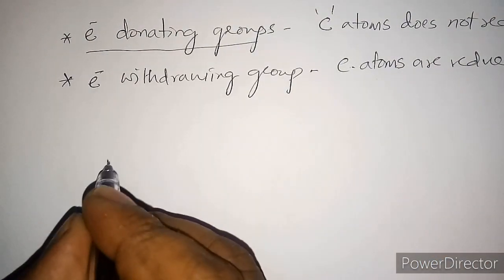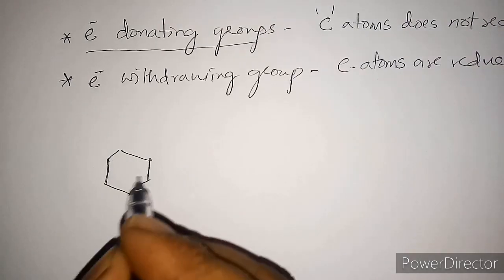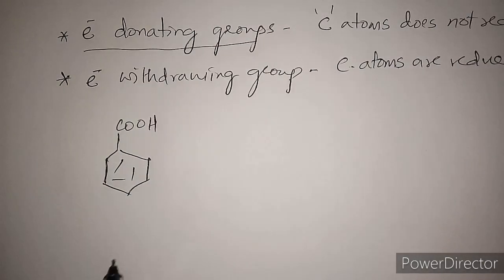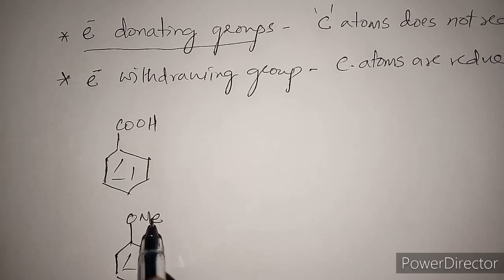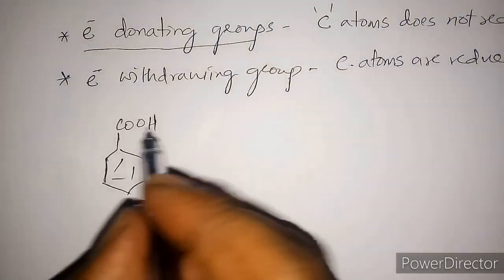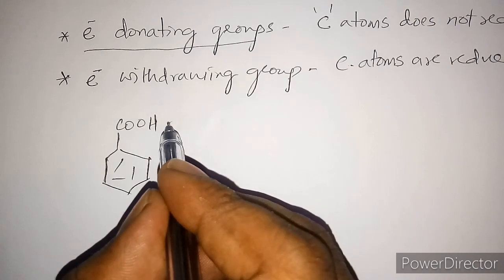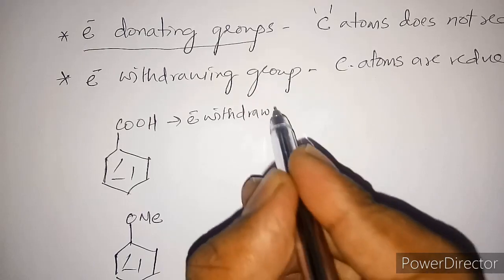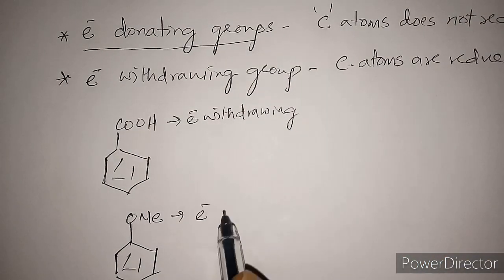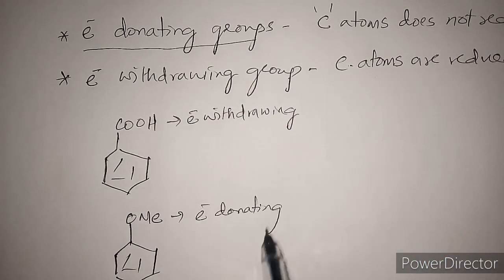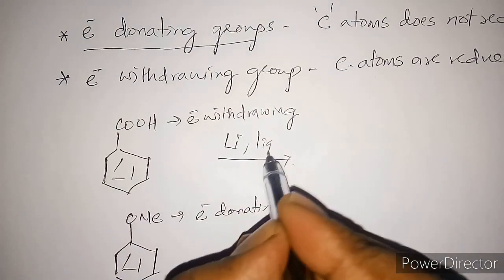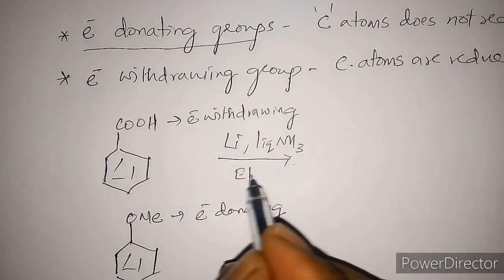Say for example, so this is an acid we are taking, and another is an alkyl or alkoxy group, and this acid is electron withdrawing group, and this is electron donating group. Now we are carrying out the Birch reduction, lithium in liquid ammonia, ethanol as a solvent.